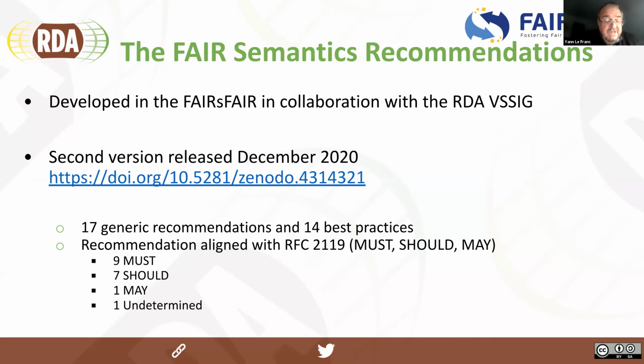With the help of the communities, we organized several workshops to discuss these recommendations. We requested feedback from the different task groups, and we organized a workshop where we asked for input on whether the recommendations were clear, and to vote on whether they should be mandatory, recommended, or optional.